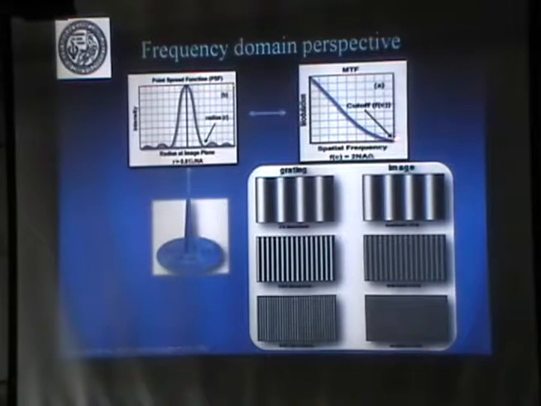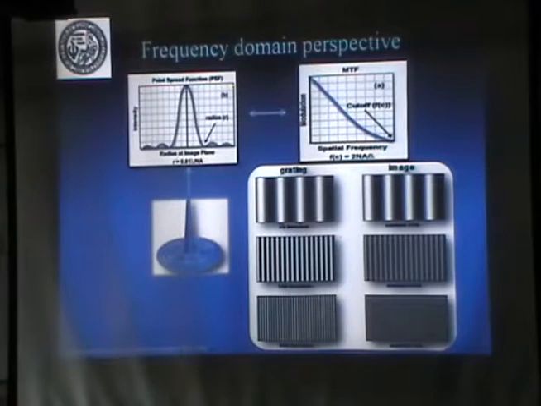Now this cutoff frequency, which is the highest frequency you can see, that means the grating with the smallest period that you can see, is given by this frequency here. That is related to this because it's the Fourier transform, and then taking the modulus, and that is 2 NA over lambda. So another way of looking at resolution is in the frequency domain, and it gives you the highest frequency.